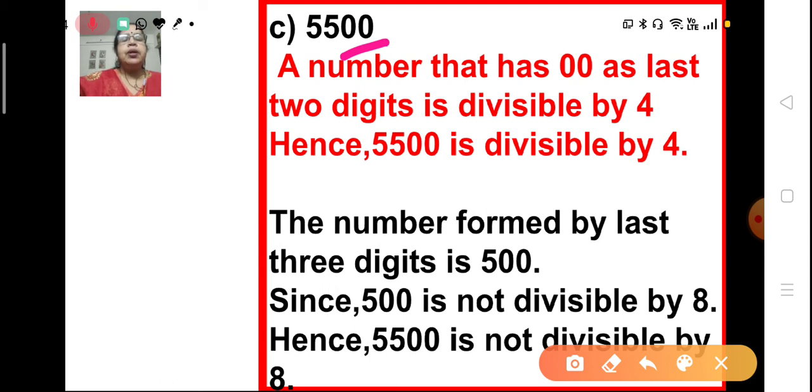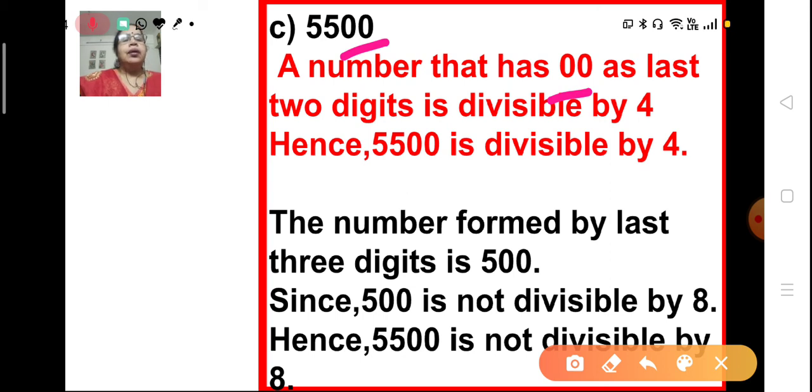We should remember this rule, because 100 is exactly divisible by 4. So, any number which has 2 zeros in the end is divisible by 4. So, this number has 2 zeros in ones and tens place, so it is divisible by 4.